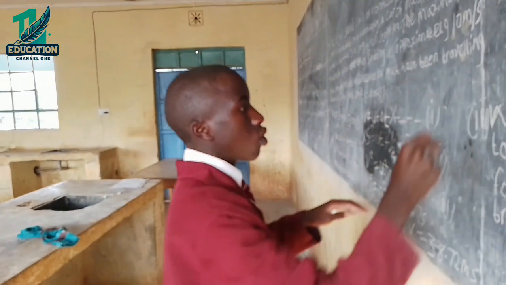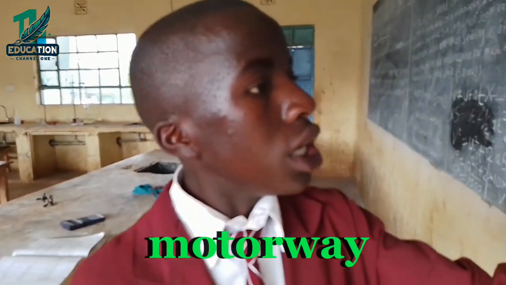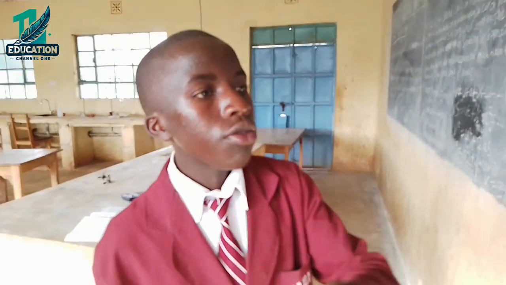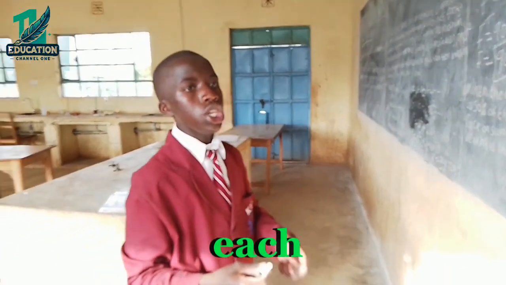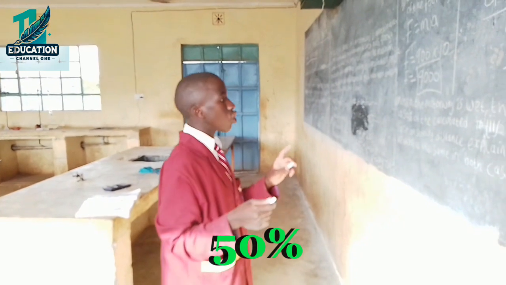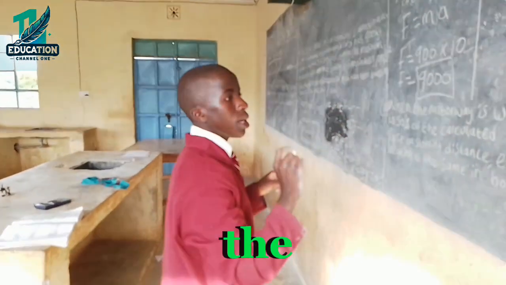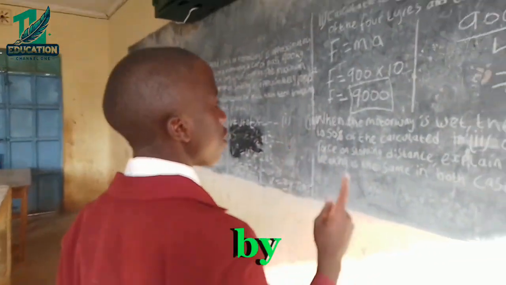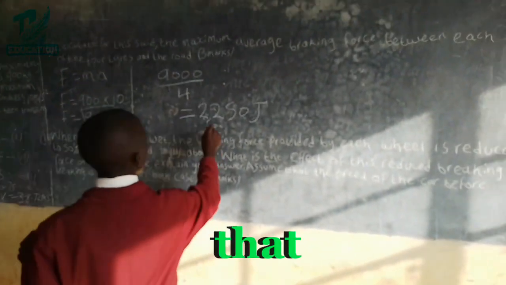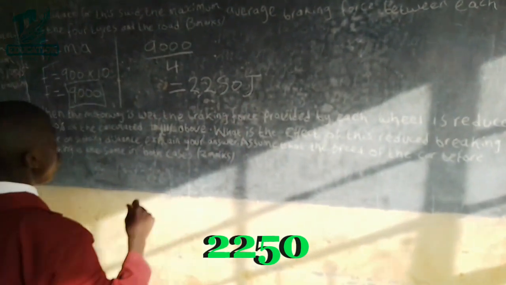The last question reads, when the motorway is wet, the braking force provided by each wheel is reduced to 50% of that calculated in Roman 2. So the braking force will reduce by 50% of what we have calculated in Roman 2 as 2250.